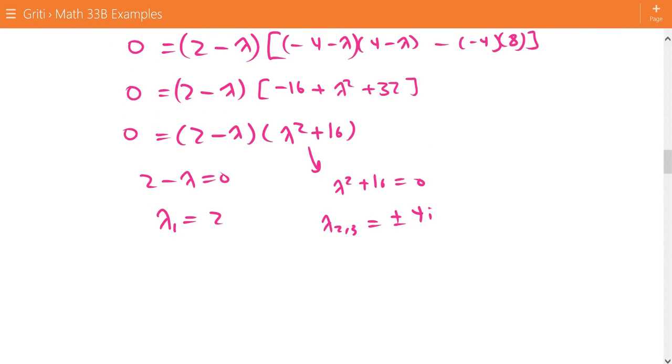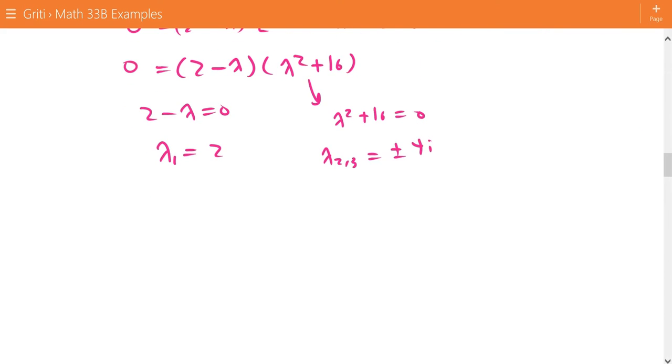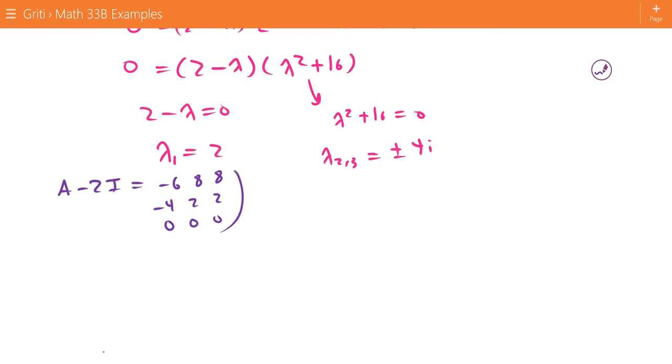So we can deal with this real eigenvalue first. We look at A minus 2I, which is going to be negative 6, 8, 8, negative 4, 2, 2, and 0, 0, 0.